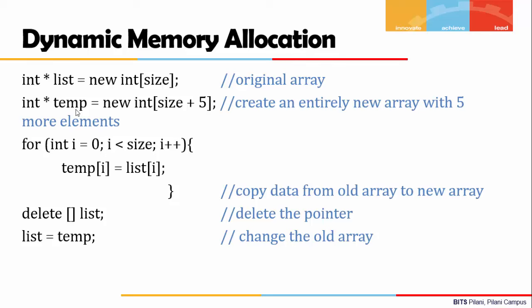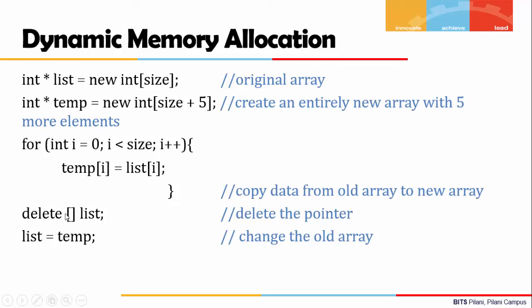Now copy the data from the old array into the new array, keeping them in the same position. So here we copy the data in the same positions into the new array temp. This is done via a for loop. Now delete the old array. You don't need it anymore.